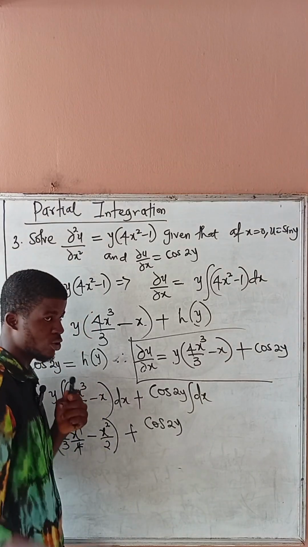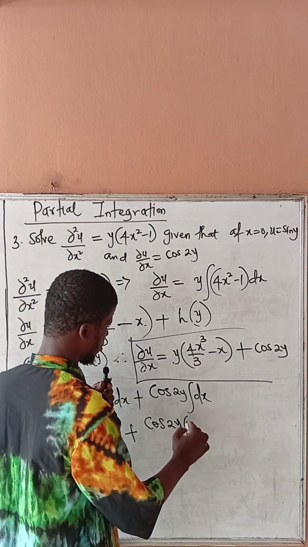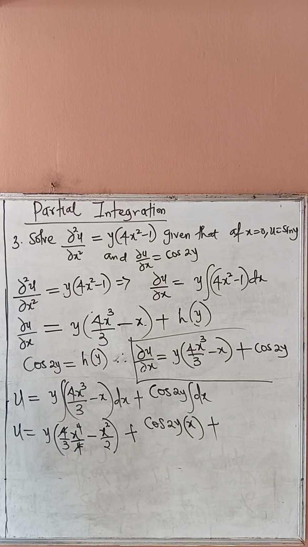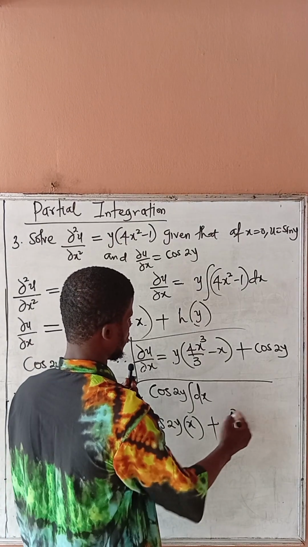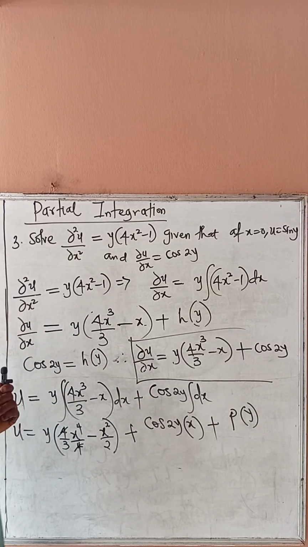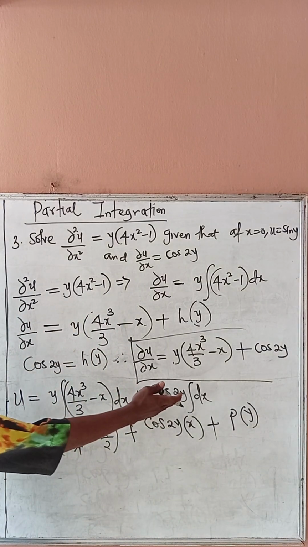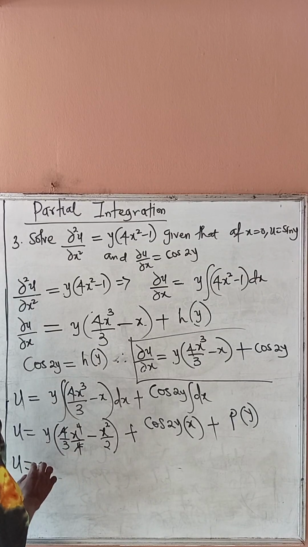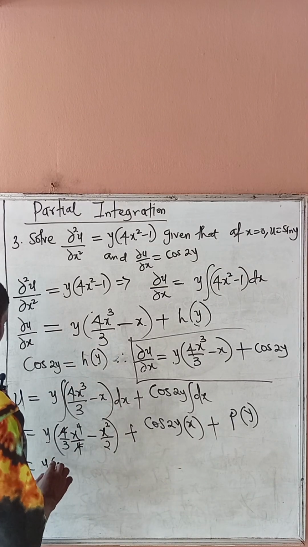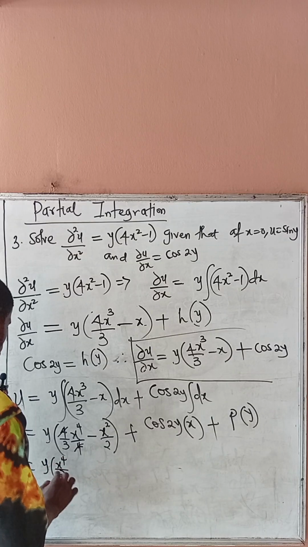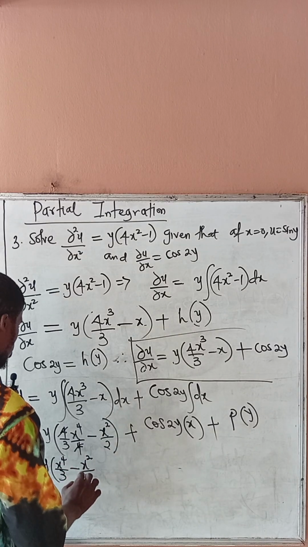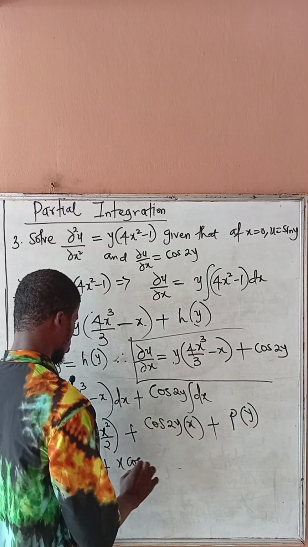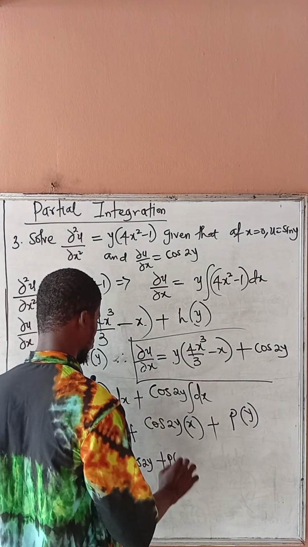Integrate dx, which is integrate 1 dx, you're going to get x. Plus, I'll add a function of y. Let's use p of y. You know, we are considering y a constant, so we need to add a function of y. So this is u equals y into x to the fourth over 3 minus x to the second over 2 plus x cos 2y plus p of y.